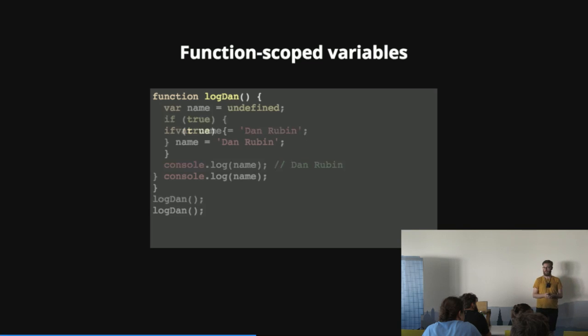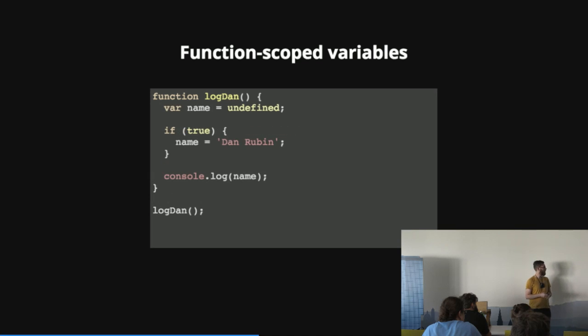What happens in JavaScript is actually this: it puts the name on top and sets it to undefined, and then you can change it. This might be confusing for people who are new to the language, or if you read someone else's code that uses this, it could be very confusing.